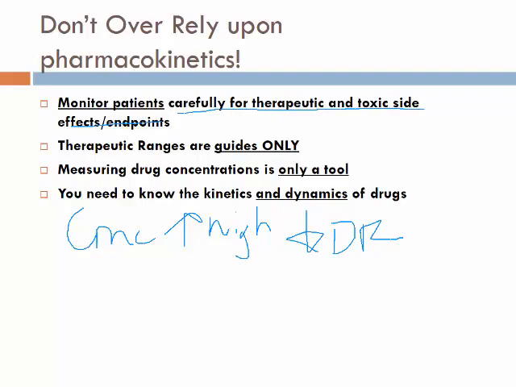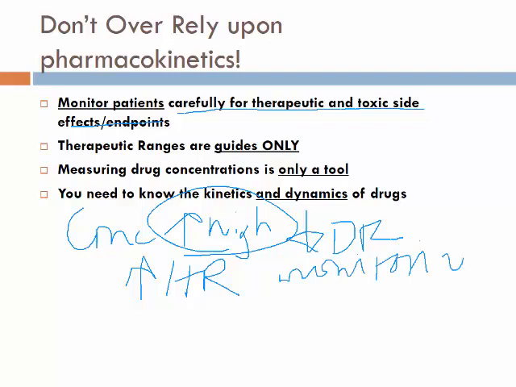So let's say high concentrations lead to increased heart rate, for example. Are we monitoring that? We should be, right? Because the pharmacokinetic concentration is just one piece of information, and it needs to be among many pieces of information. So we should always be monitoring for therapeutic and toxic side effects and endpoints.